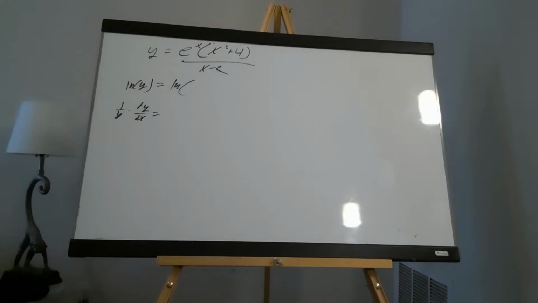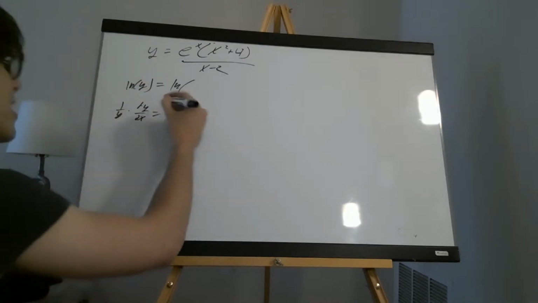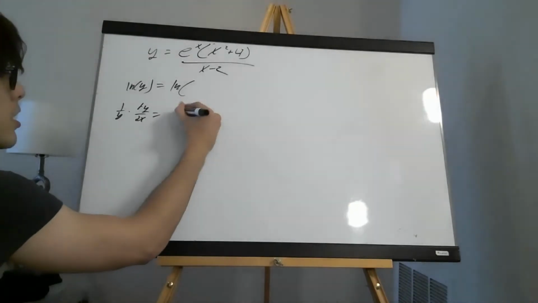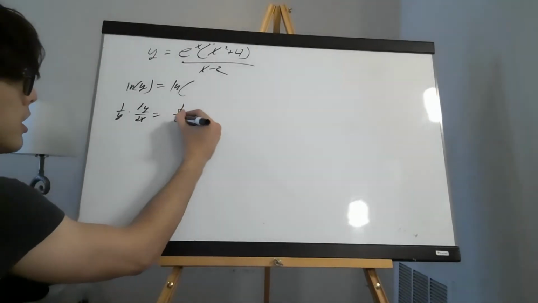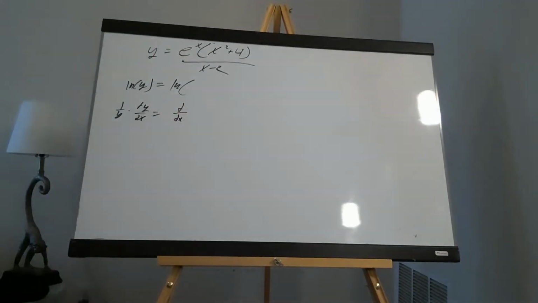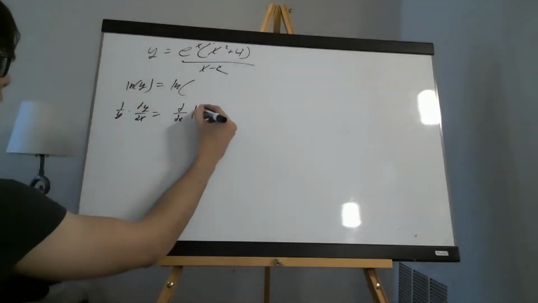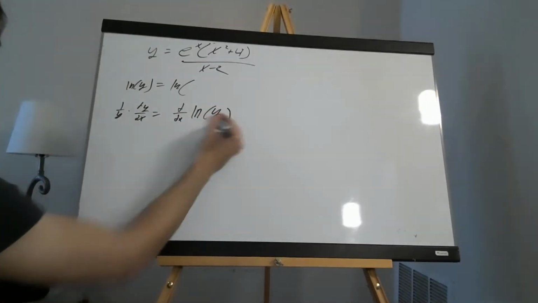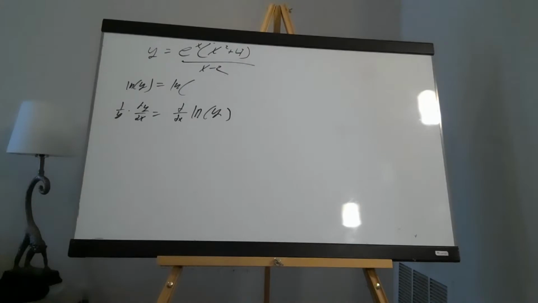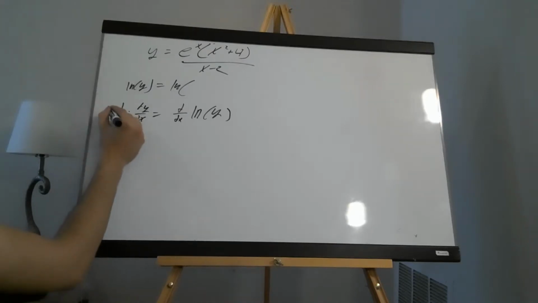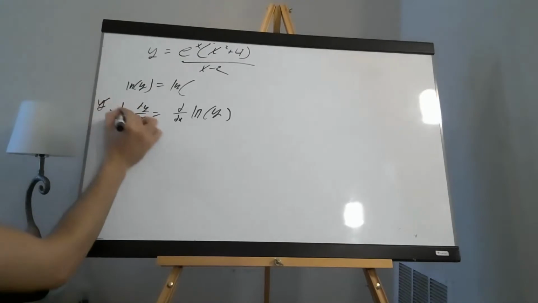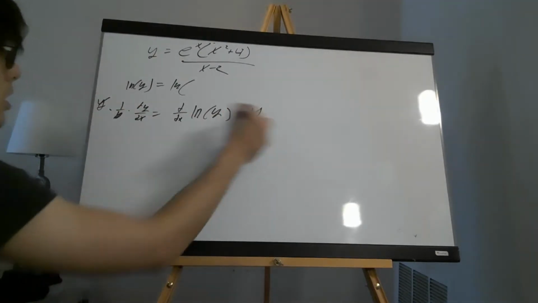So this is equal to the derivative with respect to x of natural log y, times y.